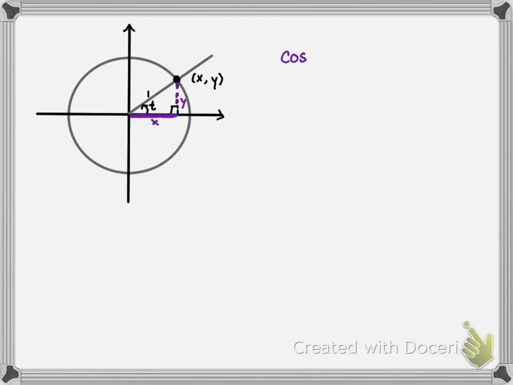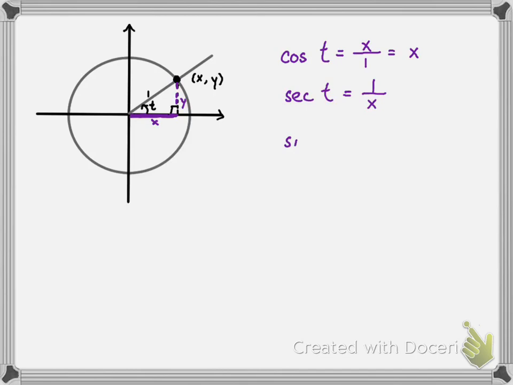Cosine of angle T is adjacent over hypotenuse, which is x over 1, and therefore cosine of angle T equals x. Then its reciprocal function, secant of T equals 1 over x.